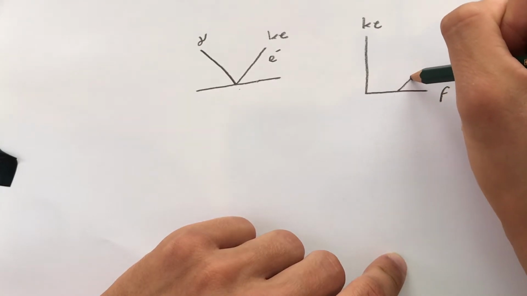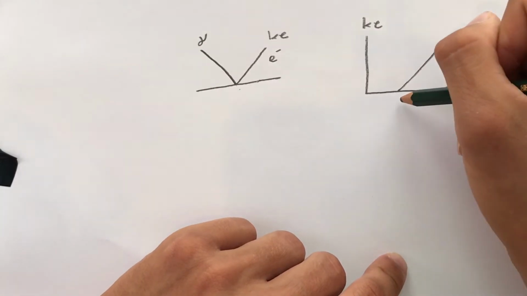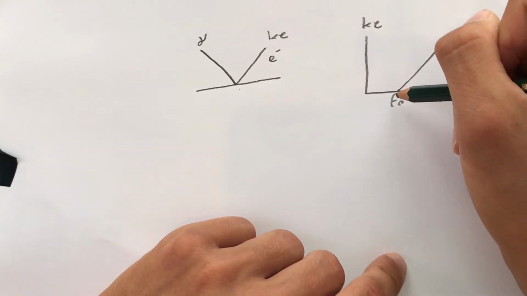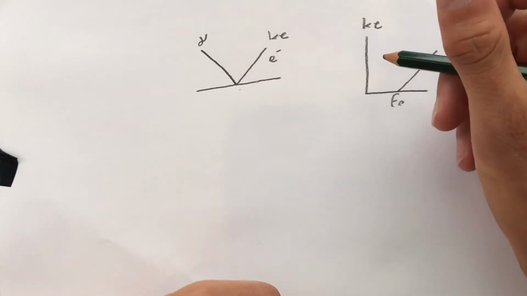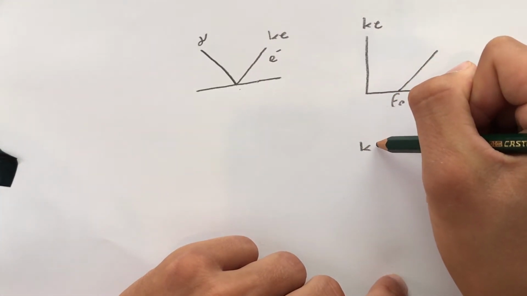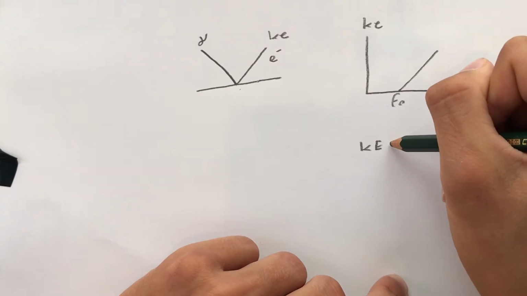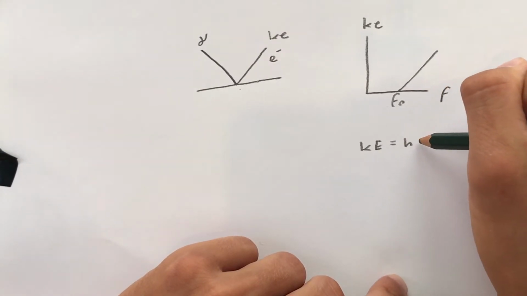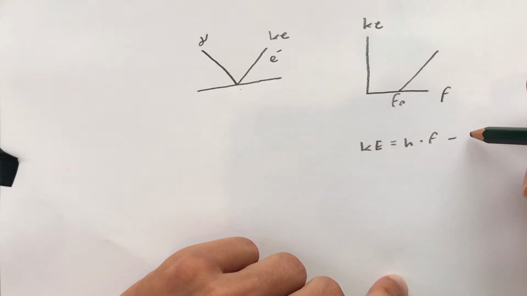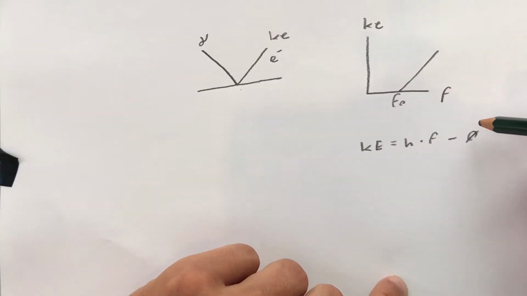And after that it is just linear. And this is the threshold frequency, F0. And since this is a straight line, you can conclude that the kinetic energy is simply a constant h multiplied by the frequency minus phi, which is another constant.